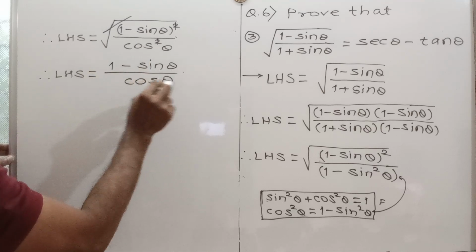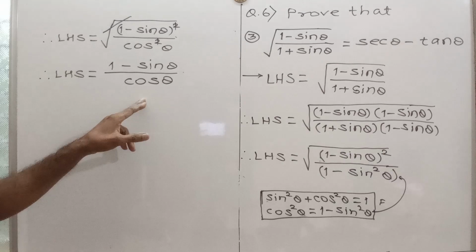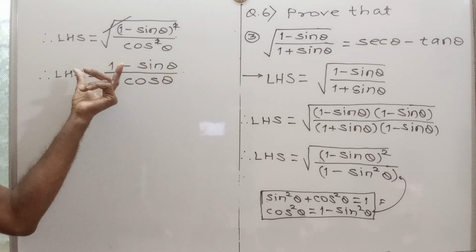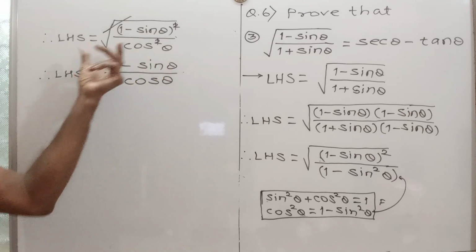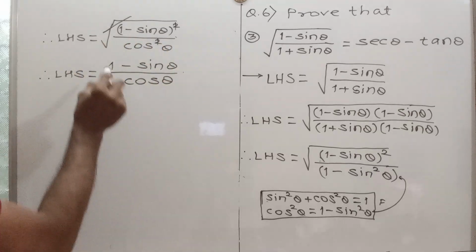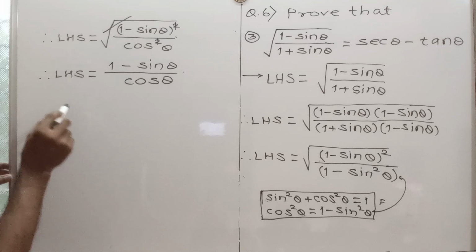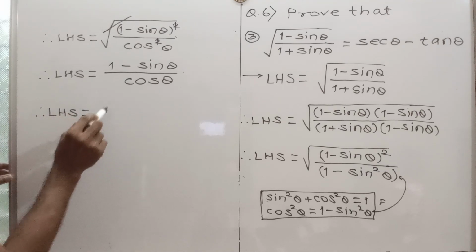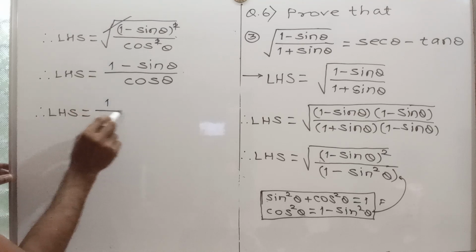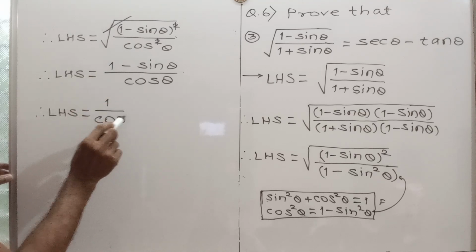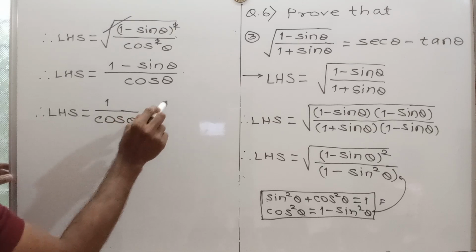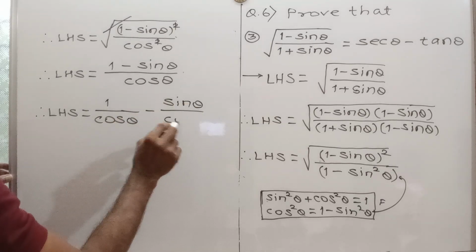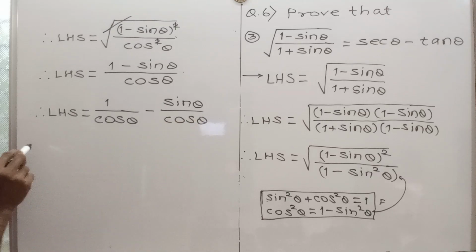Did you understand? Now we distribute this denominator separately to 1 and sin theta. Therefore we get 1 upon cos theta minus sin theta upon cos theta.